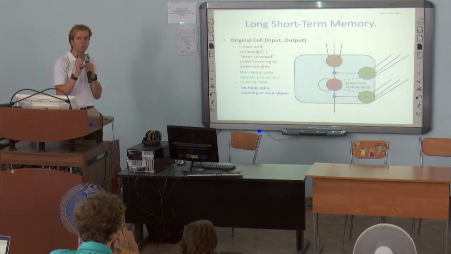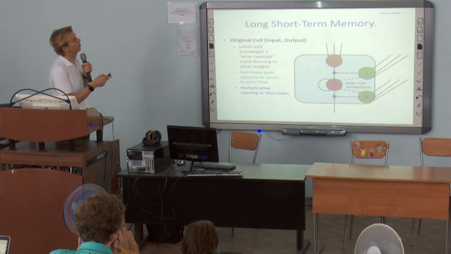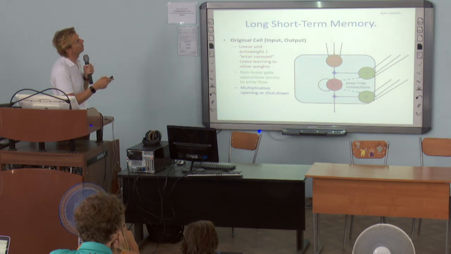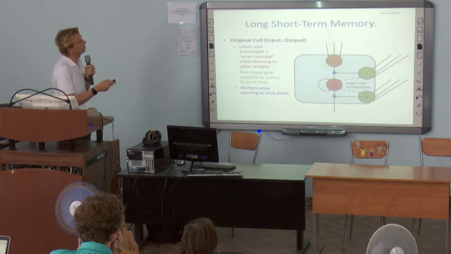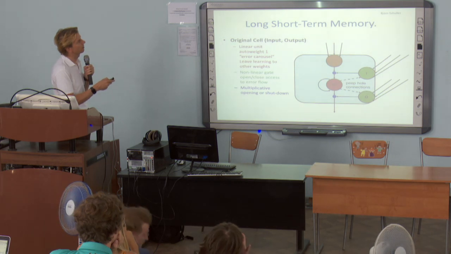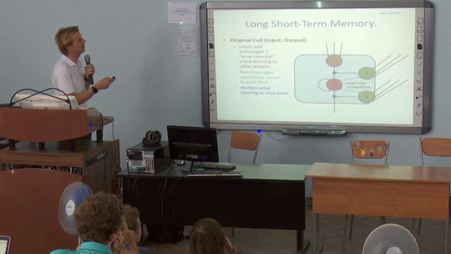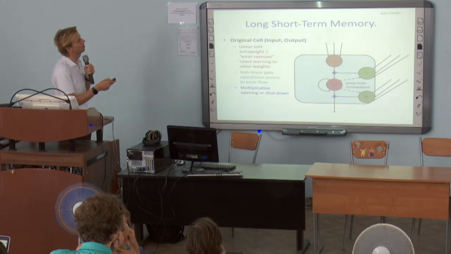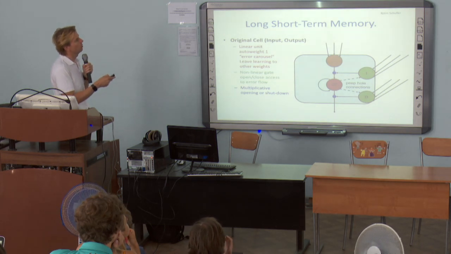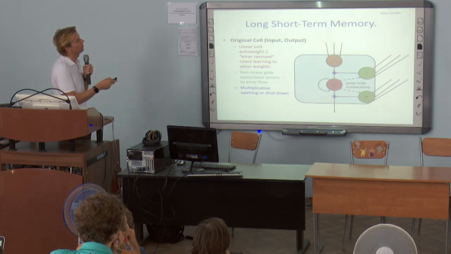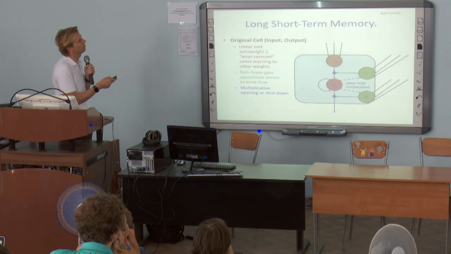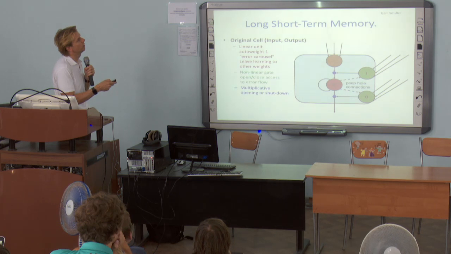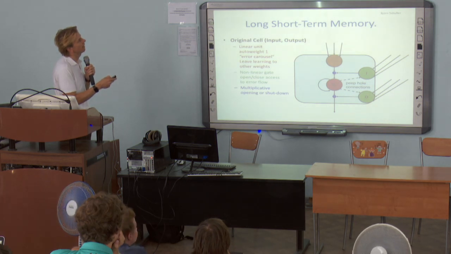We want to memorize information, so we have our perceptron just as before, but we introduce a memory cell. The memory cell here, the cyclic error cell, simply has an auto weight of 1, hence storing the information inside the cell. Now we need something to control when to write into the memory and when to read from the memory. For that, Schmidhuber added another neuron that controls the gate, and this gate is a multiplicative open or shutdown gate.